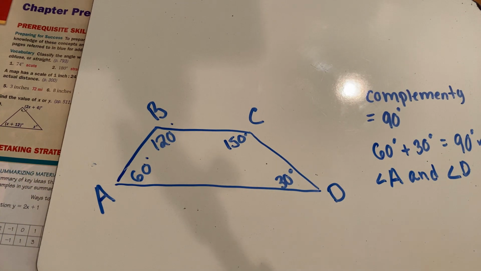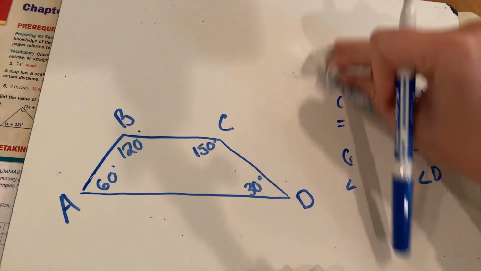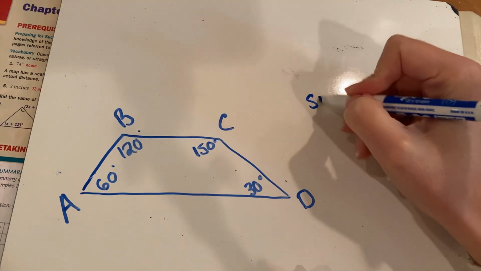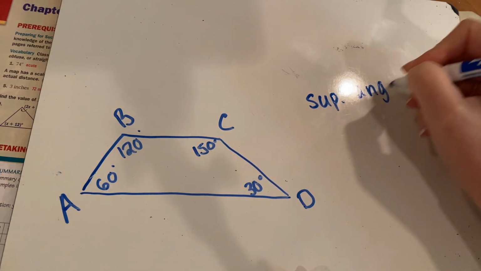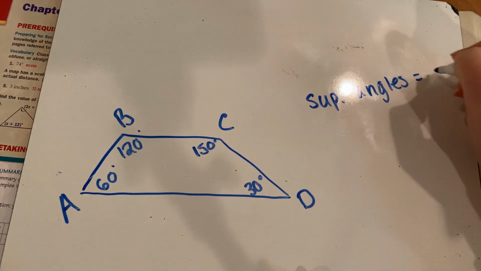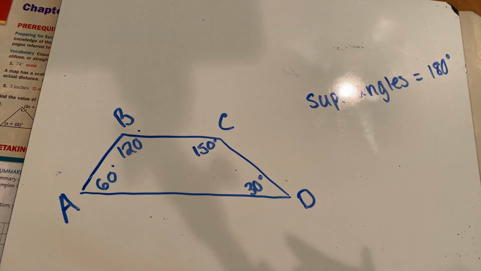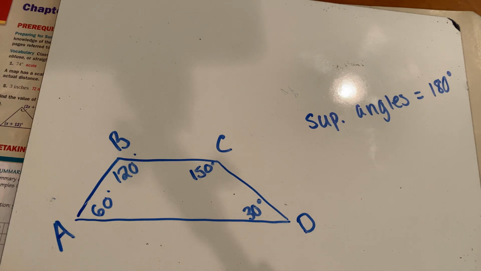All right, now going back to our same figure, now we're going to look for any and all supplementary angles. Supplementary angles sum to 180 degrees. So I'm going to be looking at all of my angles and trying to see which ones sum to 180.